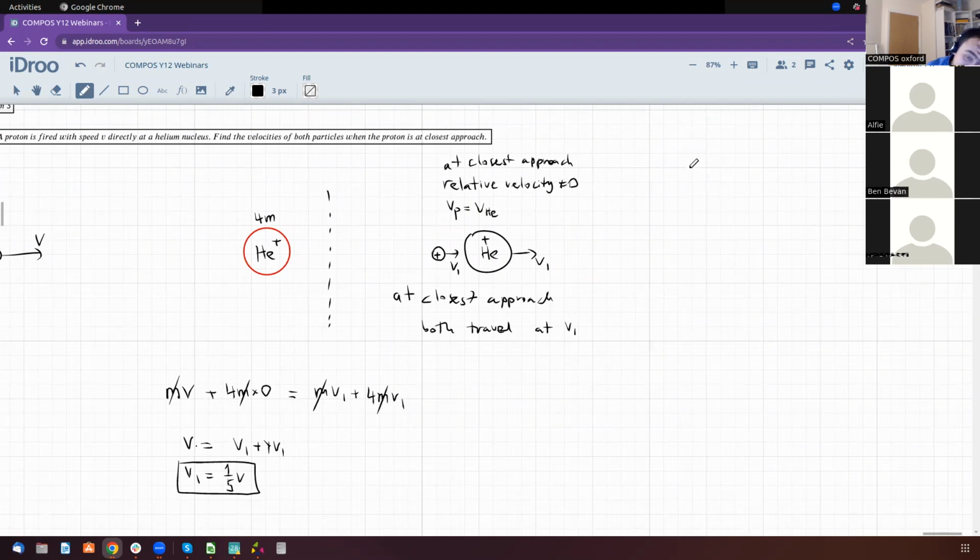To find the closest approach, you have 1/2 mv squared is equal to 1/4 pi epsilon 0, and this is going to be E times 4E divided by D squared, and D is the closest approach. So if you rearrange that, you can find D, the closest approach of the two particles.